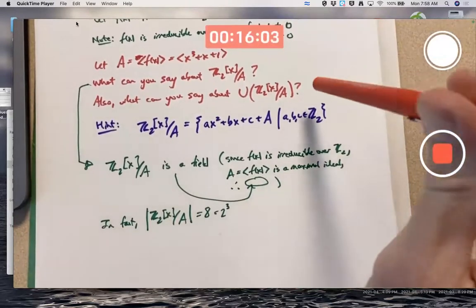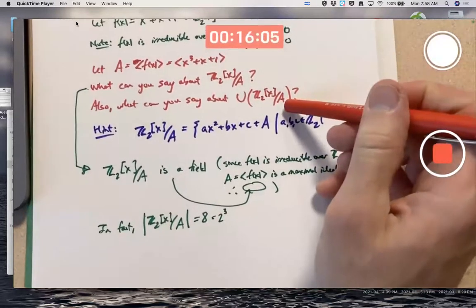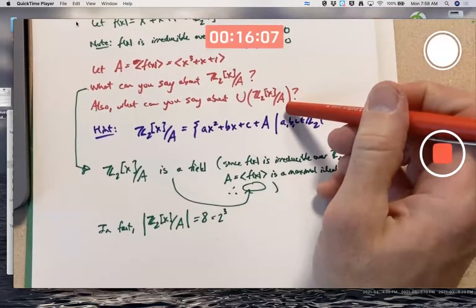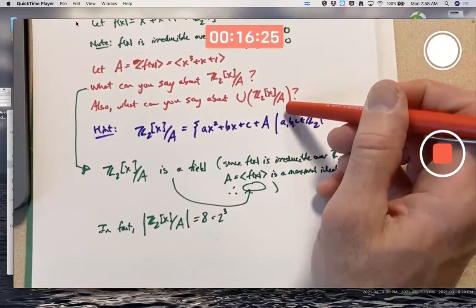What could you then say about its group of units? The units being the things that have multiplicative inverses, as a group under multiplication. How many such elements will there be? First of all, this is supposed to be easy, relatively speaking.